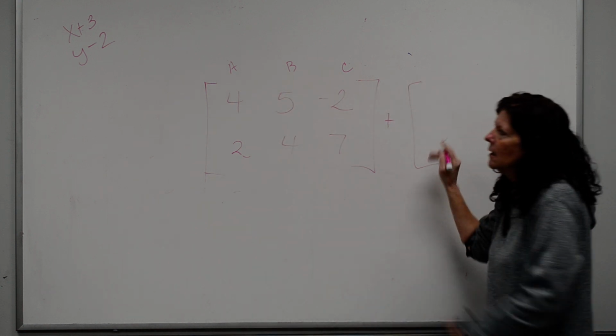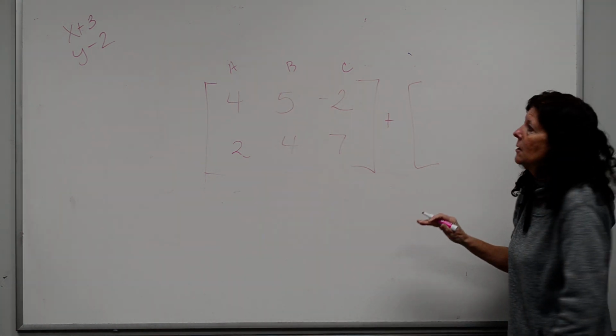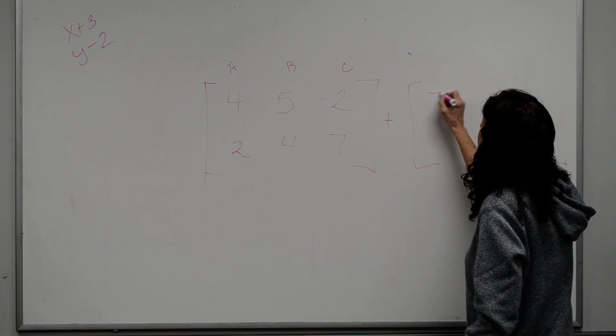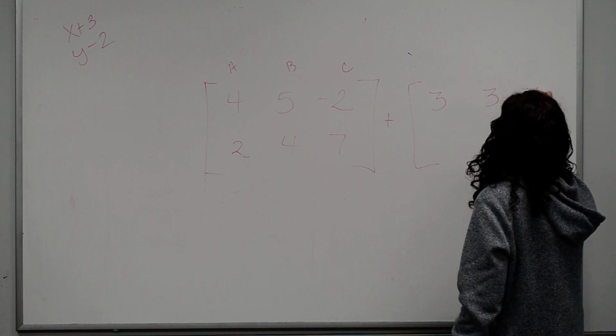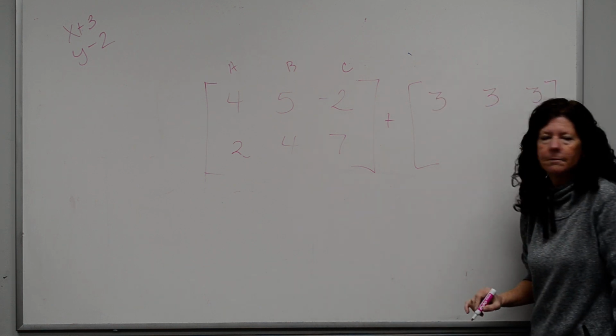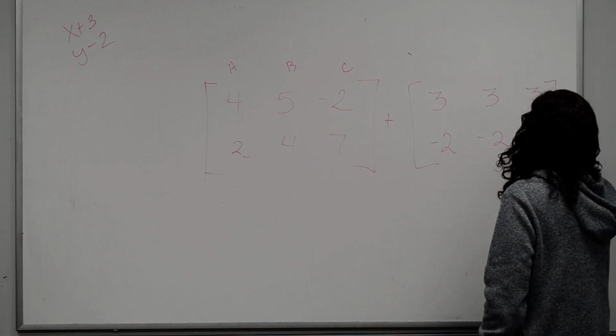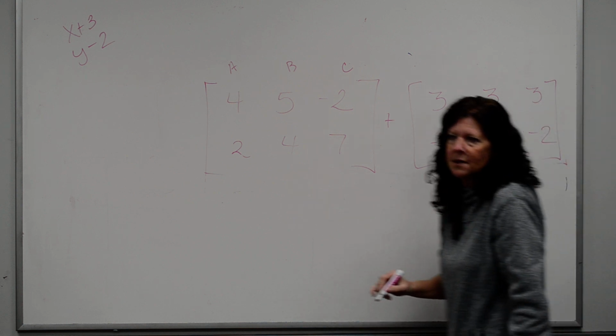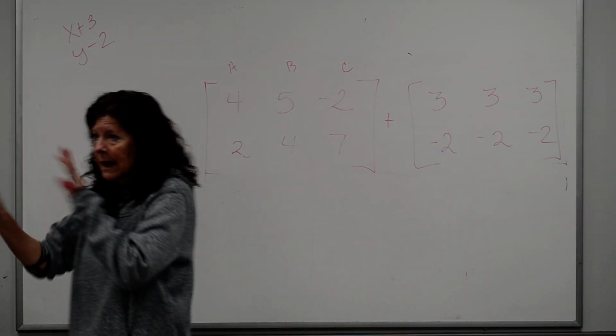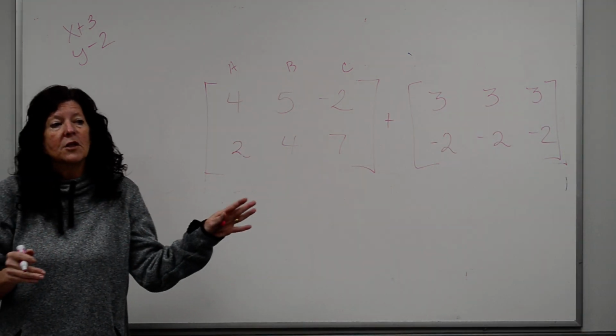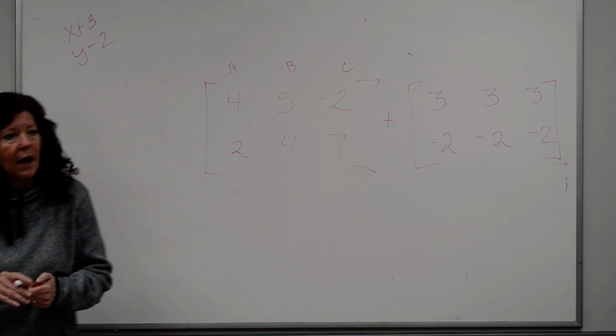So what I do is I make another matrix that I'm going to add to it. And on every x value, I'm going to put the 3. On every y value, I'm going to put the negative 2. If I put those 2 matrices in my calculator and added them, my resulting matrix would be my new values.